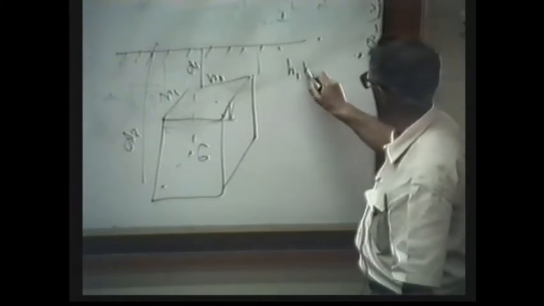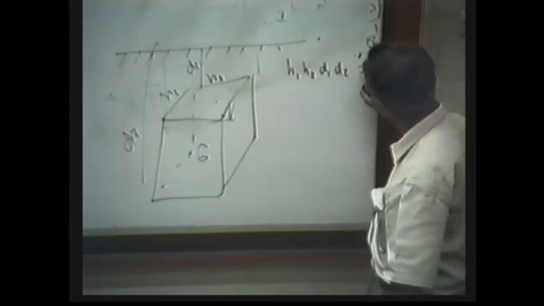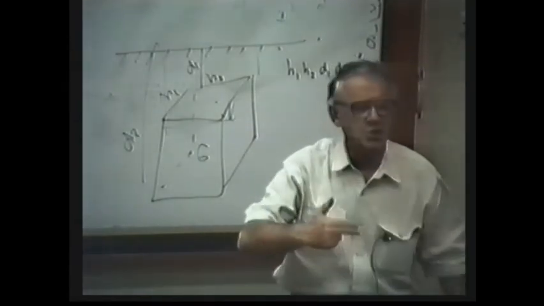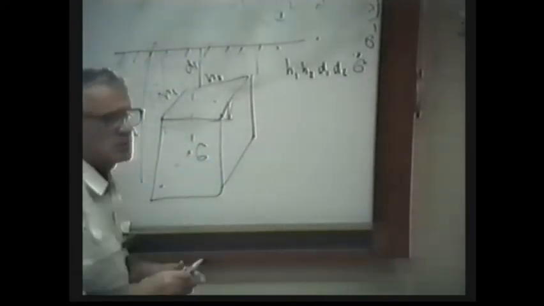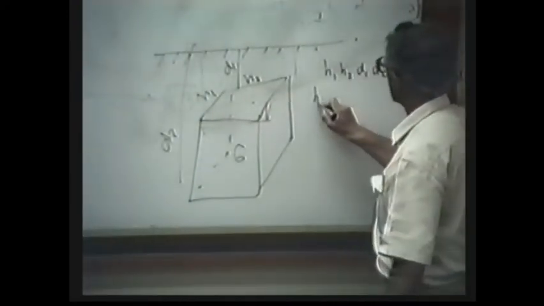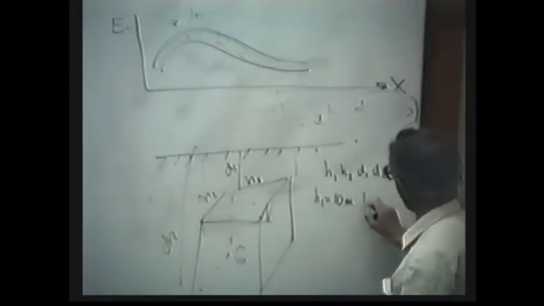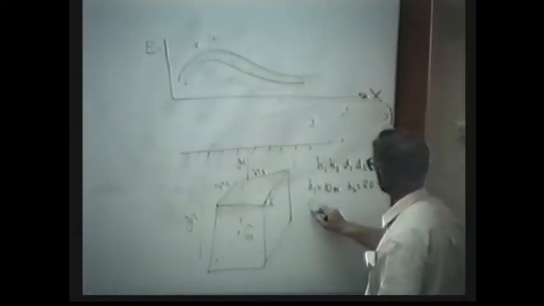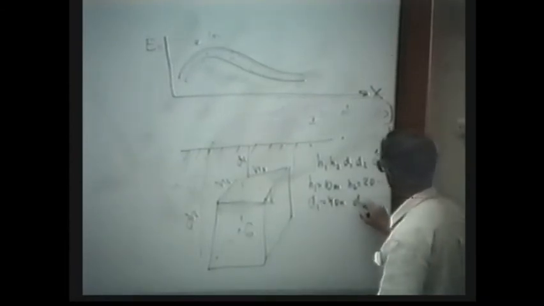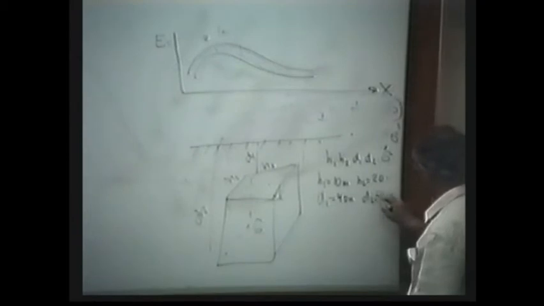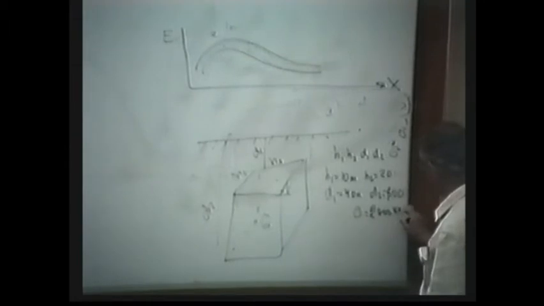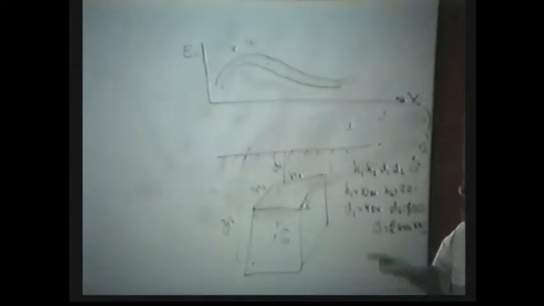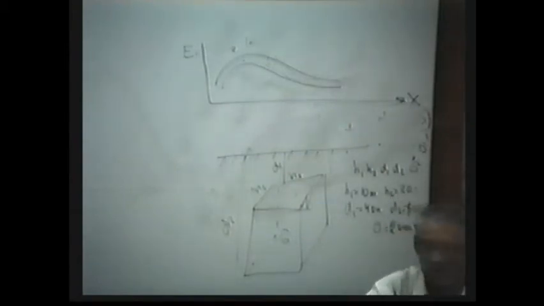So I wrote correctly H1, H2, D1, D2, sigma. Now, having geological information, I assume that H1 equals 10 meters, H2 20 meters, D1 40 meters, D2 50 meters, 100 meters, and sigma equals 2000 kilograms per cubic meter. I don't know exactly, approximately. That's my first approximation.